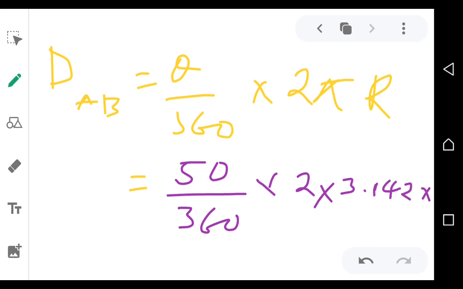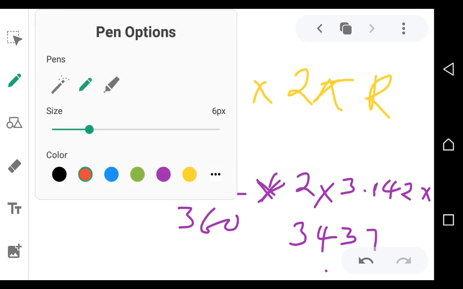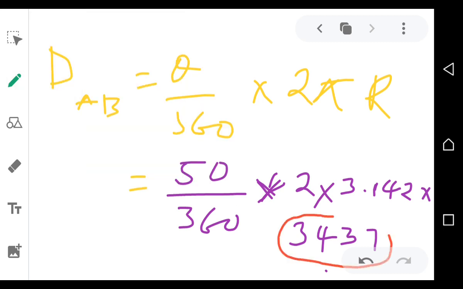Since it was nautical miles, the radius is always fixed. It is 3437. So it means 50 over 360 times 2 times 3.142 times 3437. This radius is always fixed for nautical miles. Always use this one. And then punch this on a calculator. What you get here is the distance that you're looking for, AB. That's how you solve this. It's as simple as that.